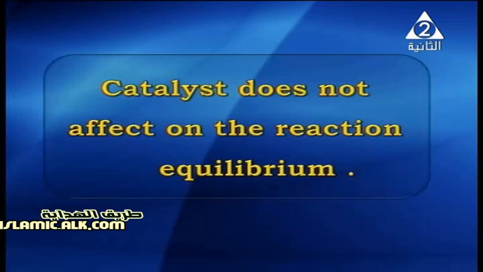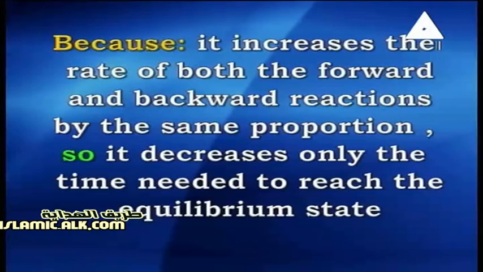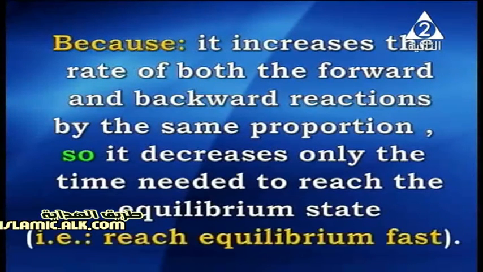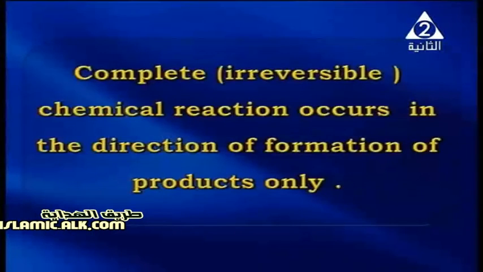Catalyst does not affect the reaction equilibrium, because it increases the rate of both forward and backward reaction by the same proportion, so it decreases only the time needed to reach the equilibrium state. So it reaches equilibrium fast.